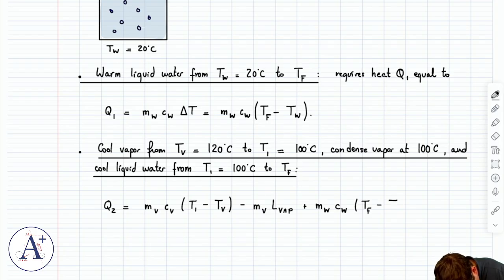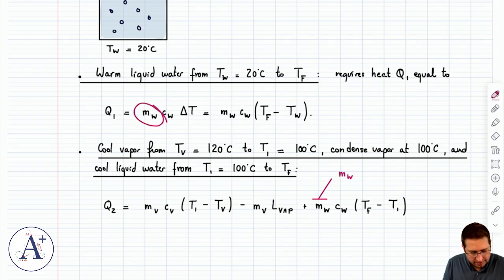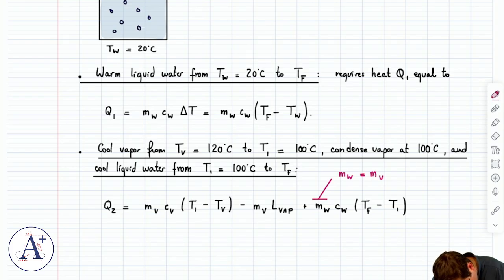I don't know what that is, but minus T1, which is 100 degrees. And by the way, mass of water here, don't get confused, it's not this guy, right? It's equal to mass of vapor, which is 5 grams, by conservation of mass.